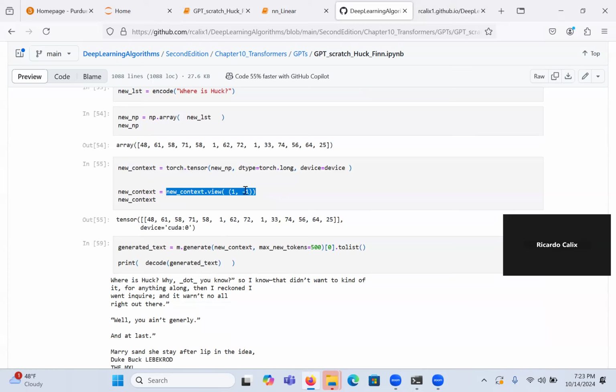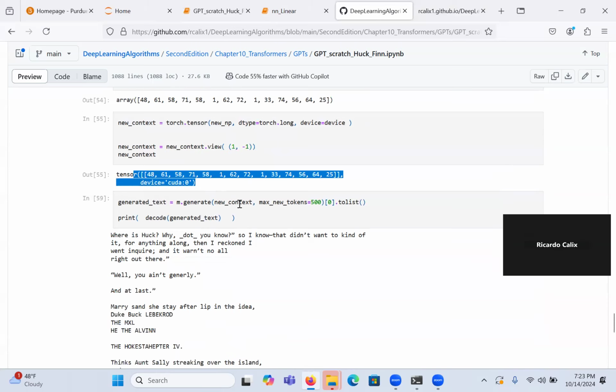This view thing here, 1 comma minus 1, creates the batch of 1. That's just a formatting thing. My data is ready now, a list of integers, and that's the new context, which will go into generate with max new tokens. From there, it'll start generating, and we just grab the last element. Got it?